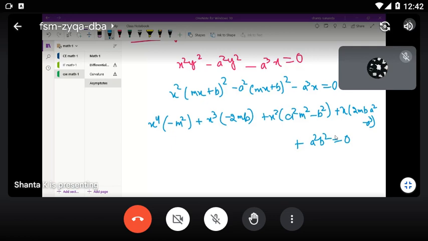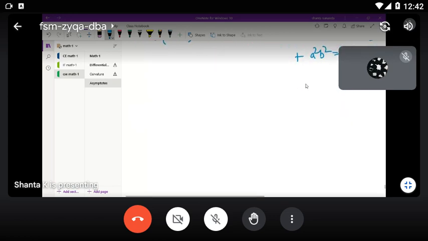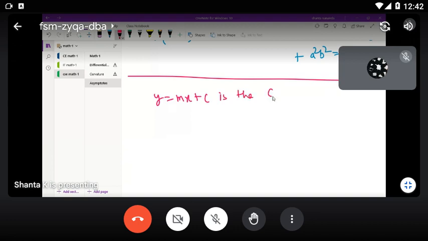What I'll be telling you is a different thing, a working rule actually. Suppose y equals mx plus c is the oblique asymptote.